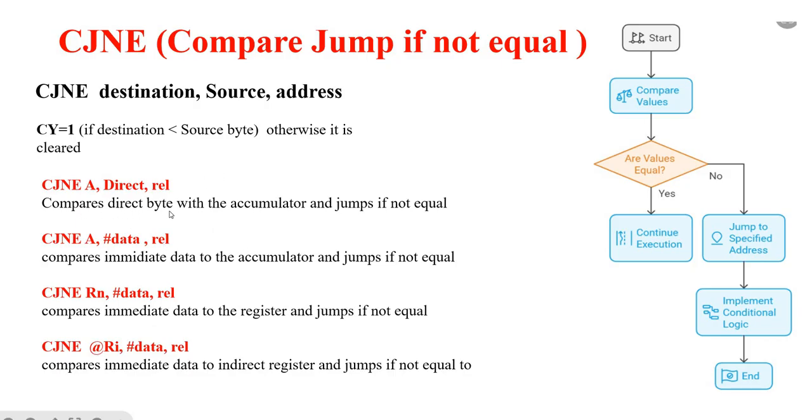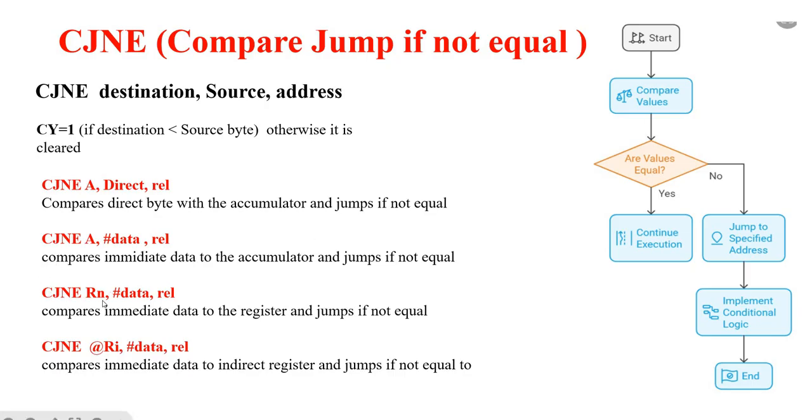So here it will compare the direct byte with the accumulator and jumps if not equal to the relative address. Then next, CJNE A, #data, relative address. So here it compares the immediate data to the value in the accumulator and it jumps if not equal to the relative address.